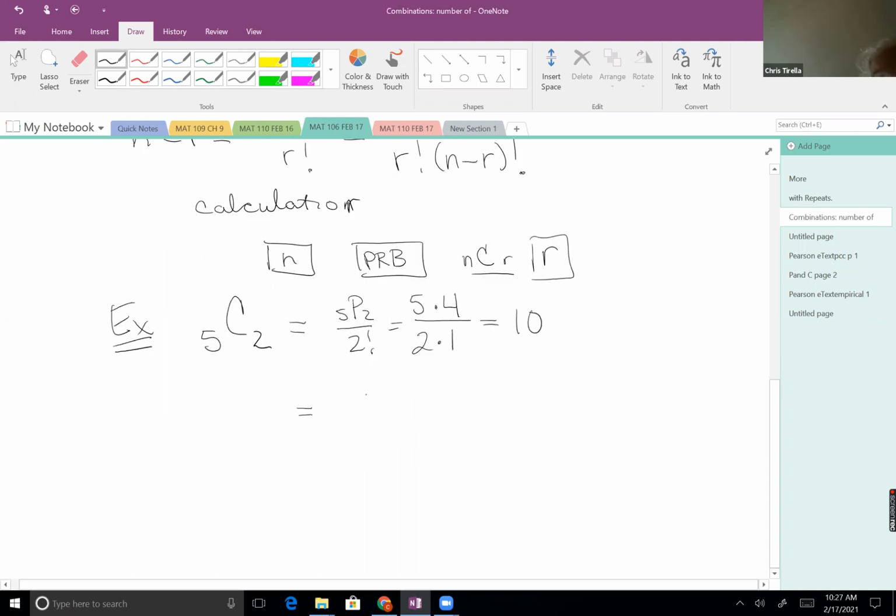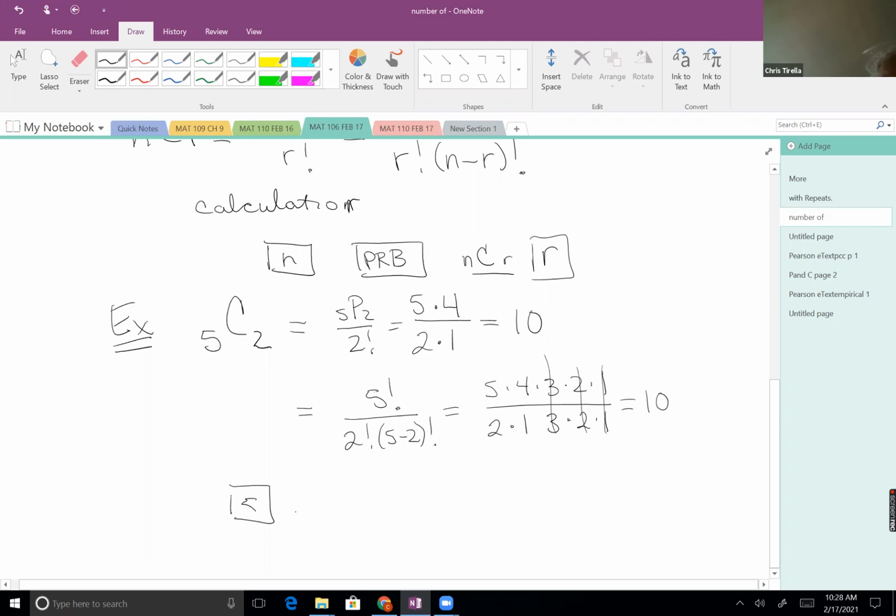Mr. Blitzer's definition is 5 factorial over 2 factorial times 5 minus 2 factorial, which would be 5 factorial over 2 factorial times 3 factorial, and that takes me to the same place. With a calculator, you'll type in 5, go to that probability menu, arrow over to nCr, type in 2, and hit equals. And that should also get you to 10.